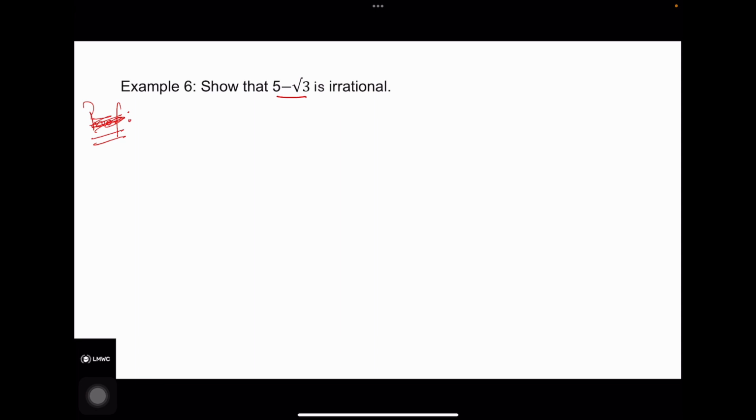So to show that 5 minus root 3 is irrational, what we are going to do is, let 5 minus root 3 be rational. That is the case. Again, by definition, it will be in the form of a by b, where a and b are integers and a and b are co-prime as well. Simplifying this, I am going to separate the 5 and the root.